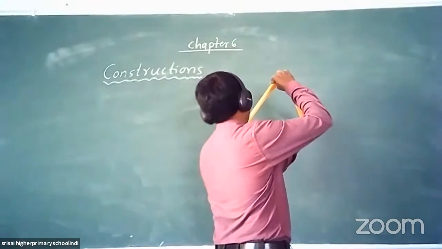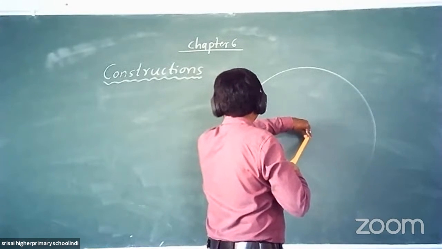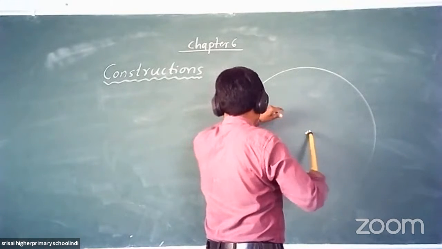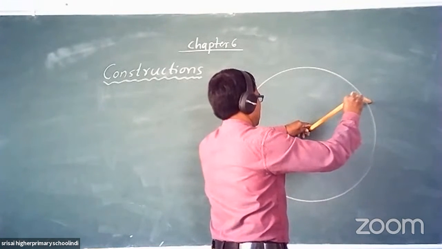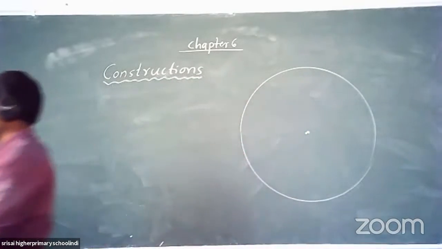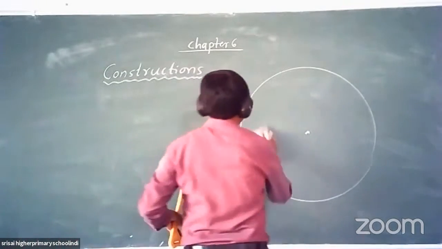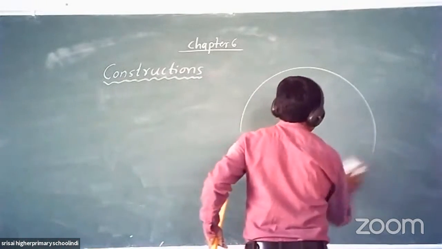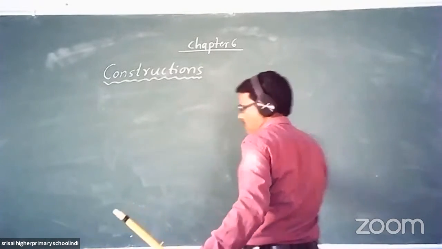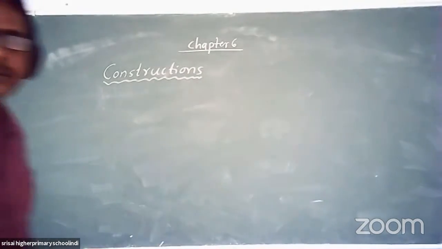Here I am going to draw one circle. Students are disturbing here. Who is that disturbing? I will tell you who is disturbing.